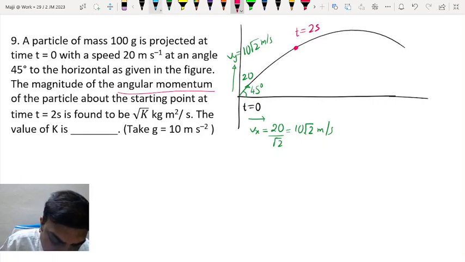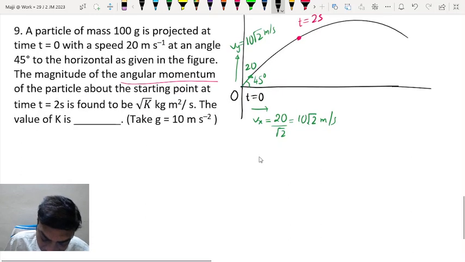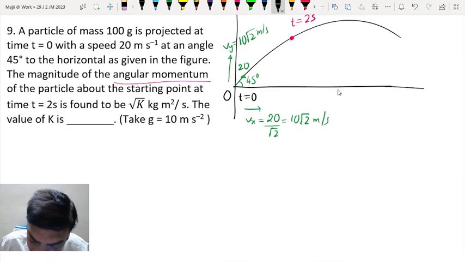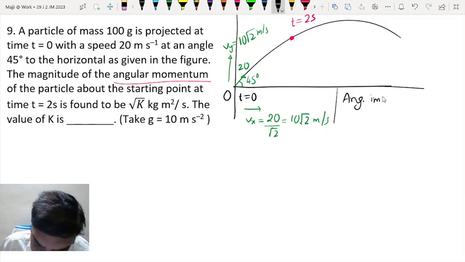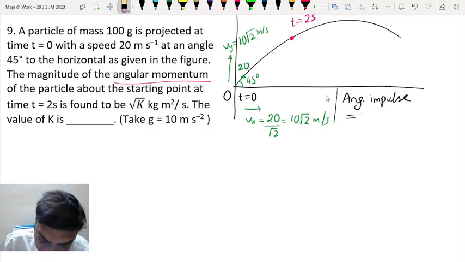Now the angular momentum, angular impulse principle states that the angular impulse is equal to the change in angular momentum. So we can write angular impulse is equal to change in angular momentum.